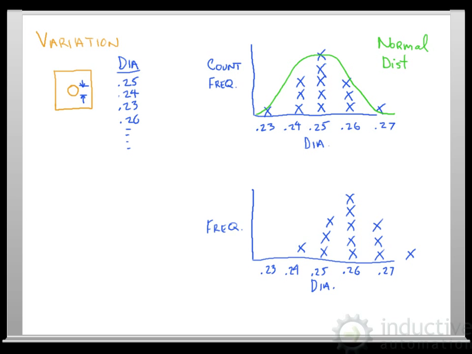It's all shifted over into the 0.26. So maybe we have machine wear over time, and we're starting to have a trend where everything's shifting to the right. So our ideal standard or normal distribution is up here. Our actual is shifted over. Our actual bell curve is over here. Now we see we have a shift in the peaks of our bell curve.